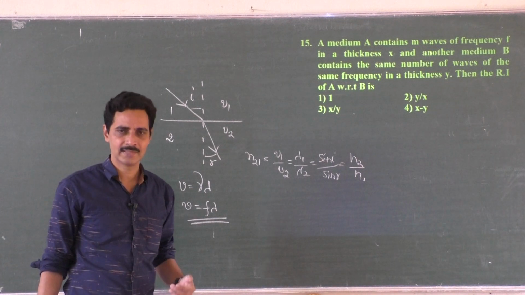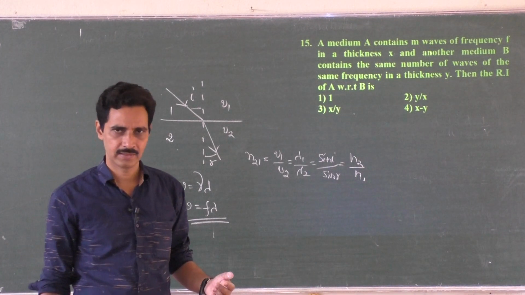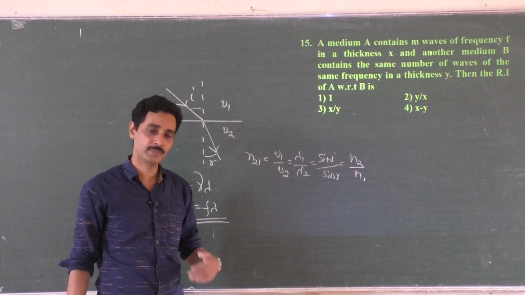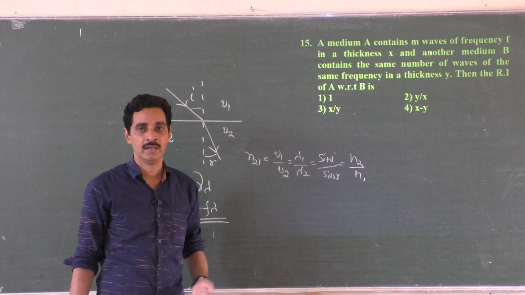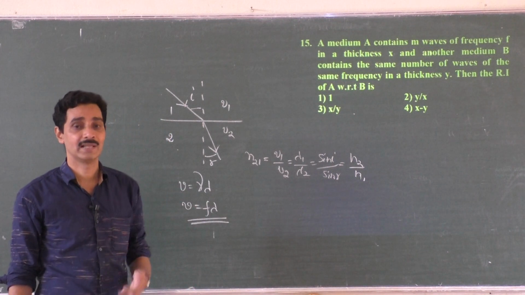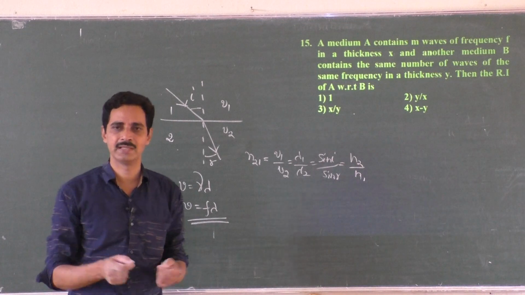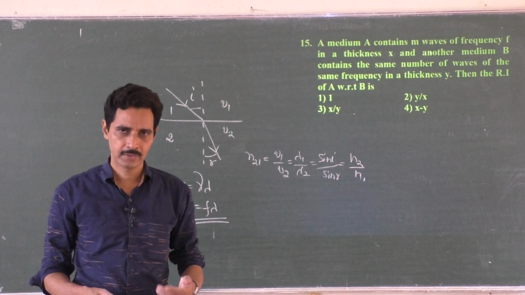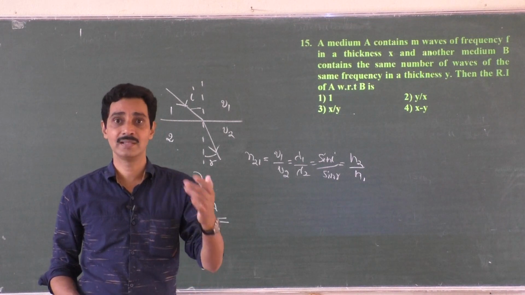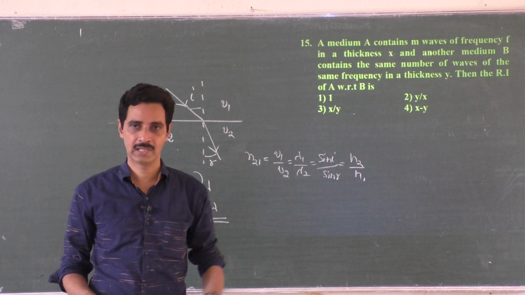Which characteristic changes when it travels from one medium to another? Velocity changes. When it moves to an optically denser medium, the velocity of light decreases. Wavelength changes, but frequency doesn't change. The number of oscillations made by the electric and magnetic fields in the electromagnetic wave doesn't change. Frequency is the factor which doesn't change when the wave travels from one medium to another.